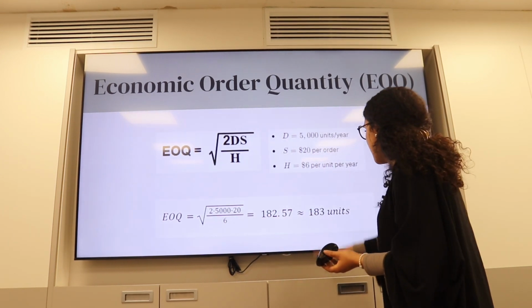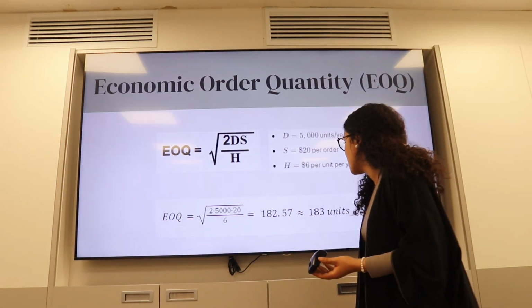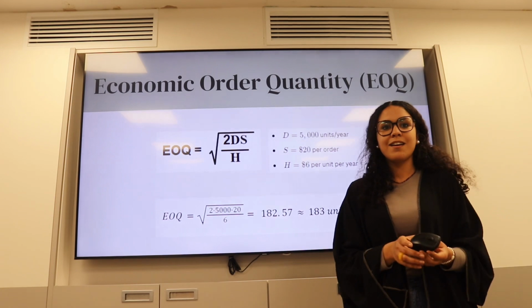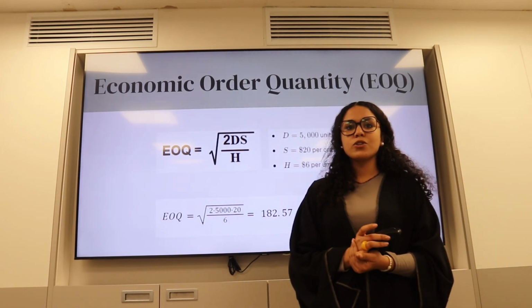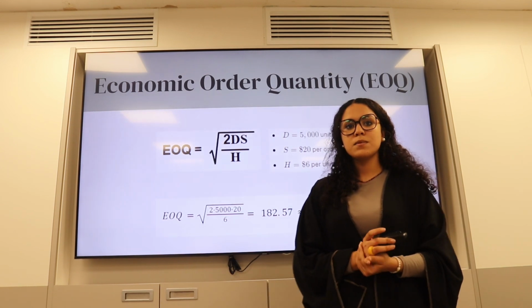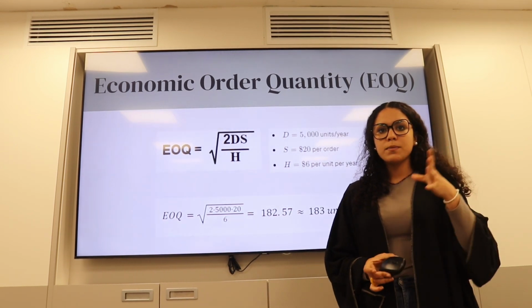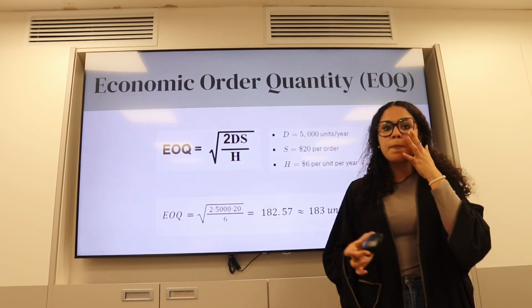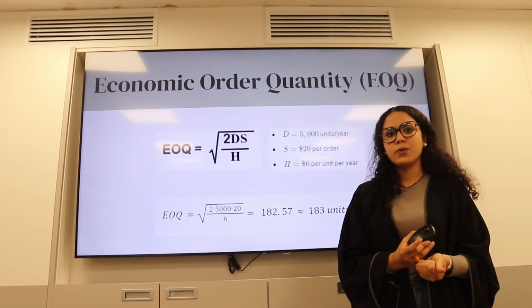The result is 183 units. In conclusion, the calculation of the EOQ for Sturdy-Band sound systems revealed that the optimal size for each speaker order is approximately 183 units.